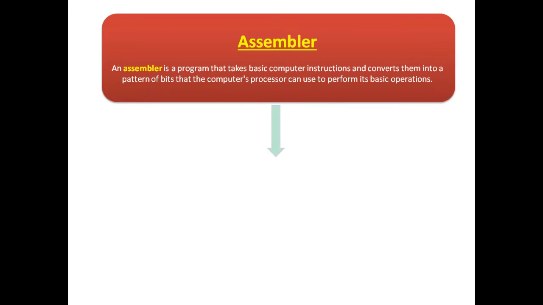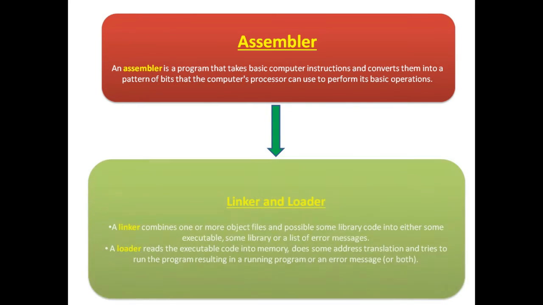After that, the one final step: there will be a linker and a loader. A linker combines one or more object files and possibly some library code, like stdio.h and conio.h that we have used. It reads the files, and if something is not written properly, it decides what error has to be thrown.